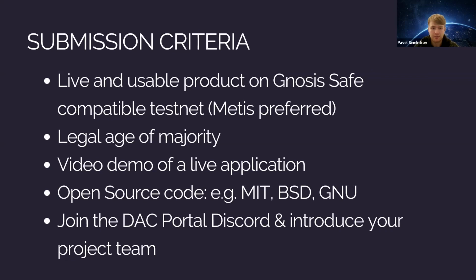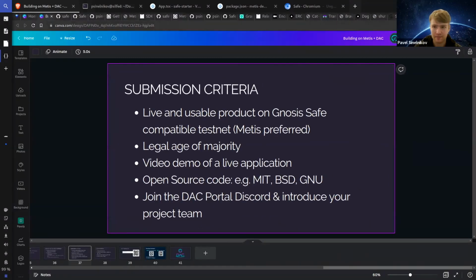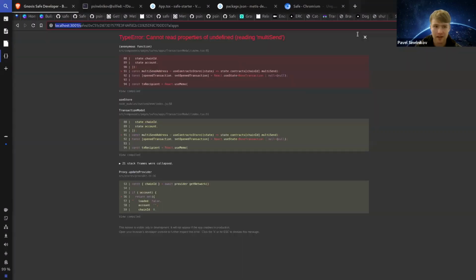So, a live and usable product on a Gnosis Safe compatible testnet. This is actually, all testnets are applicable since you're using this tool right here. Again, since you're using this Safe tool over here, I don't know why I did the multi-send.